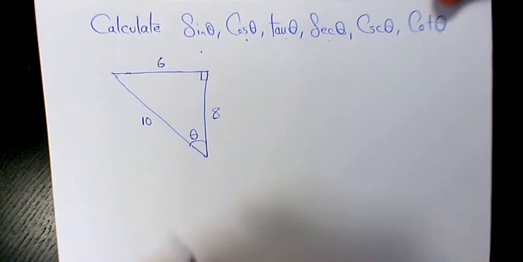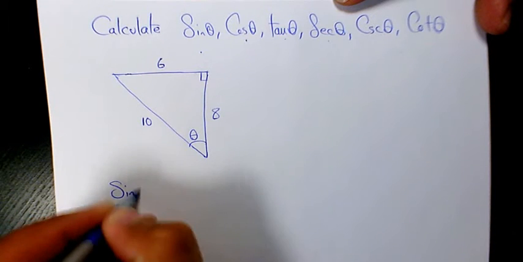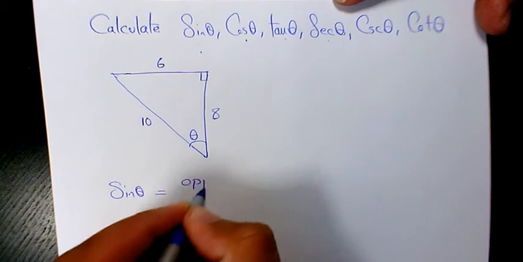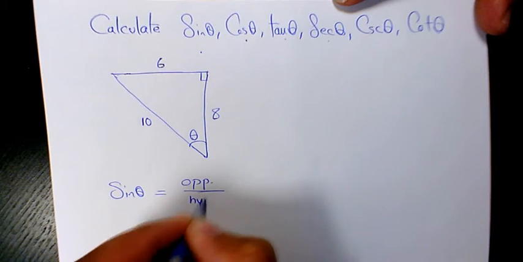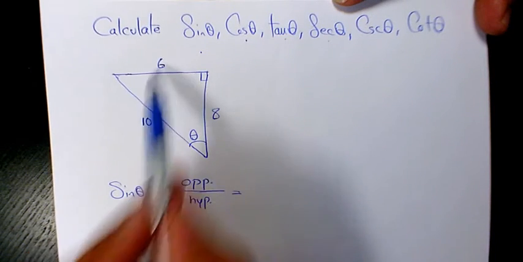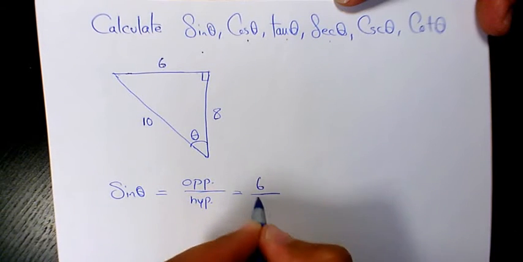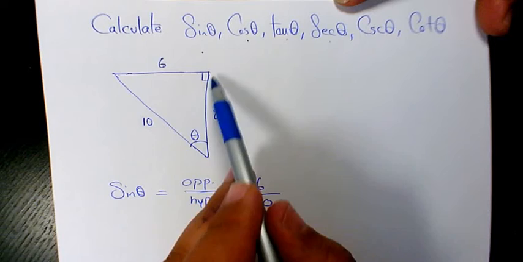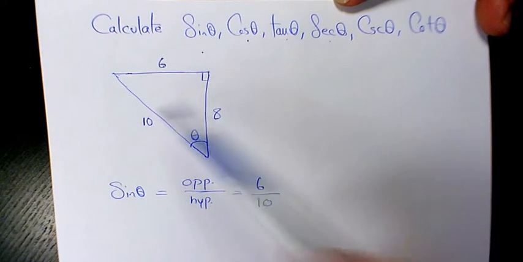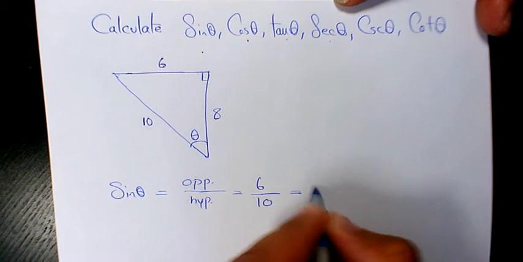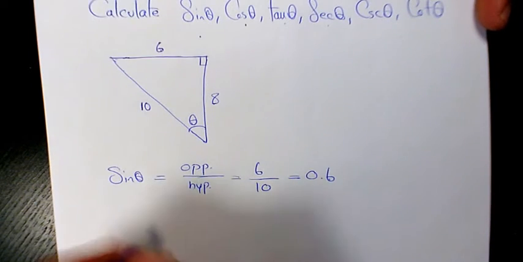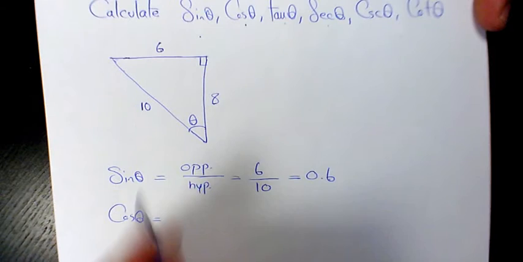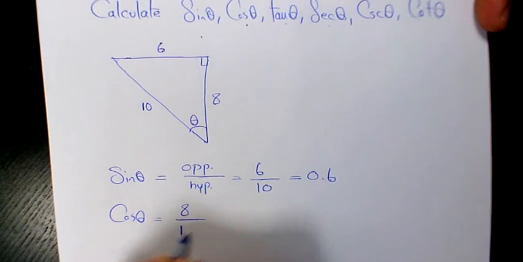and cotan theta. Sine theta, as we saw in the previous video, is opposite over hypotenuse. So opposite is 6, hypotenuse is 10. Hypotenuse is always the longest side, and it is opposite to the 90 degrees, which is going to be 0.6. Cosine theta is going to be adjacent over hypotenuse, 8 over 10.